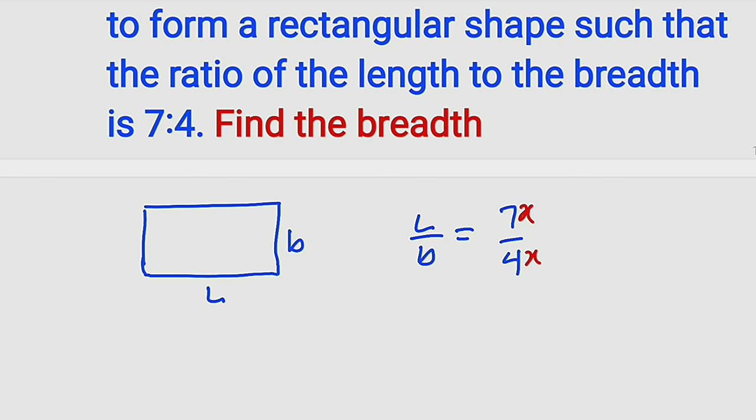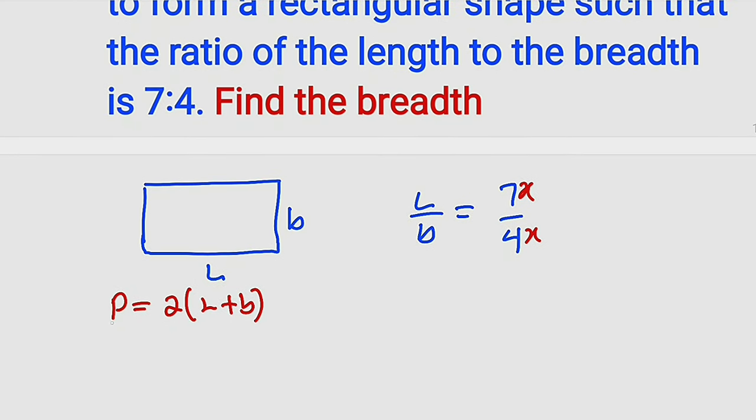And x here stands for a multiplication factor. Remember that the perimeter is given as what? 2 bracket length plus the breadth. But this time around, we are going to use this as the length, right? So P, which is given as 44 meters, is equal to 2 multiplied by L, which is 7x, plus B, which is 4x.